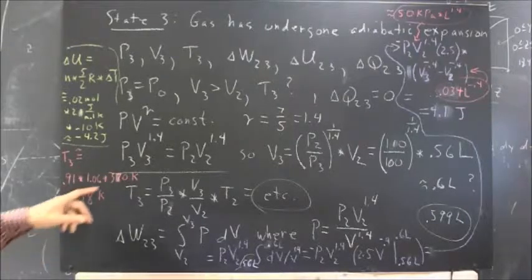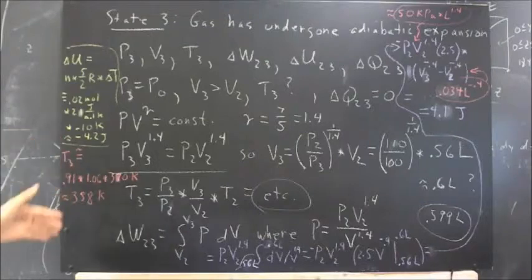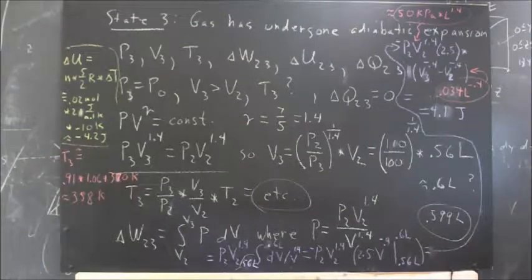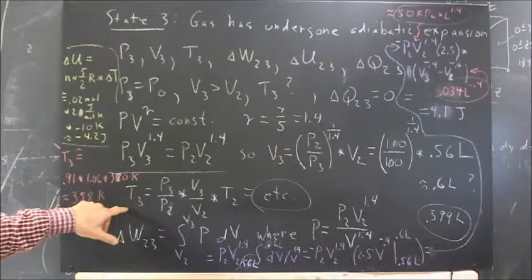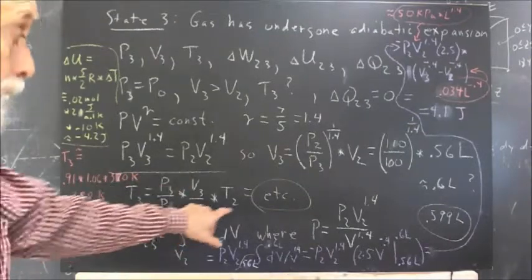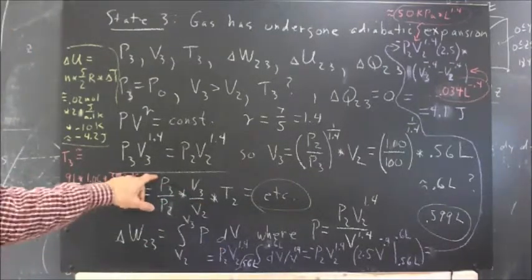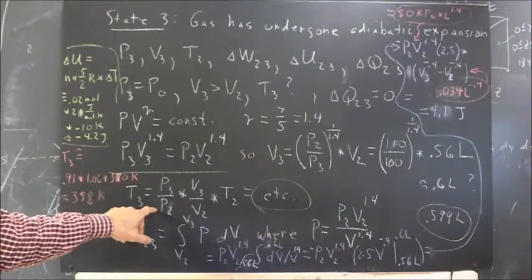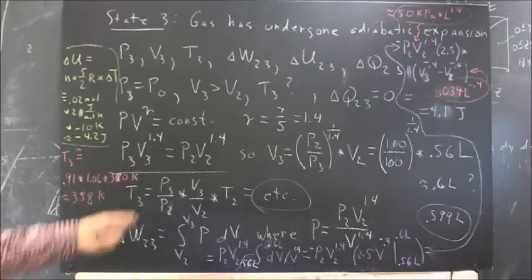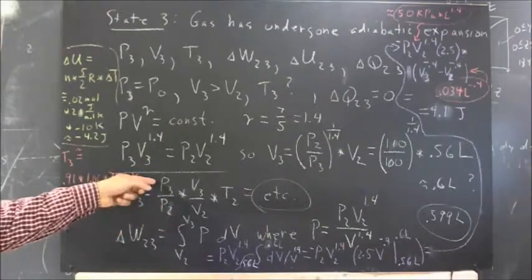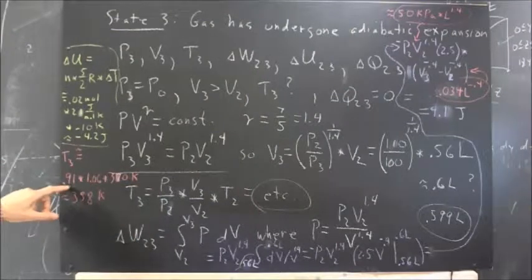Okay? We could calculate T3. Now I've just written out the basic calculation of T3, and I did these in my head, and I was off by a little bit. But the T3 is going to be pressure ratio times volume ratio times T2. Pressure ratio, P3 over P2, is 100 over 110. We start at 110, we end up at 100. And 100 over 110 is about 0.91.